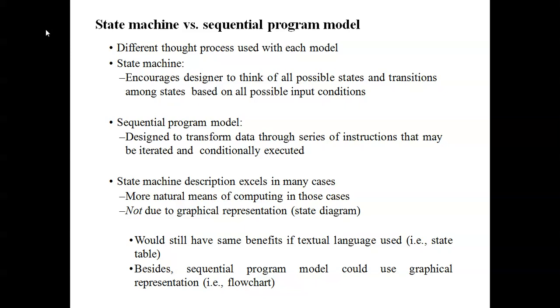State machines are in many cases more natural for describing computing, with a graphical representation, the state diagram. State machines always show the state diagram. The same benefits of a textual language are also found in the state table, while the sequential program model can use a graphical representation, that means a flow chart. So that is the main difference between state machine and sequential program model.